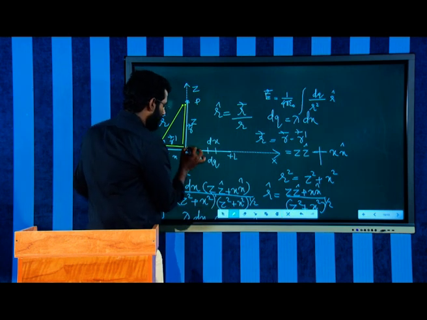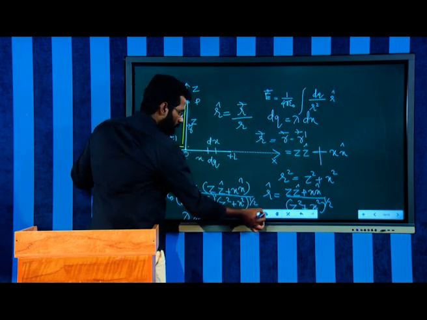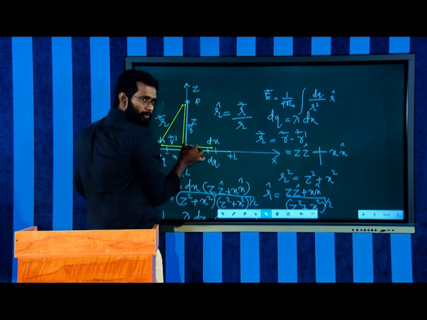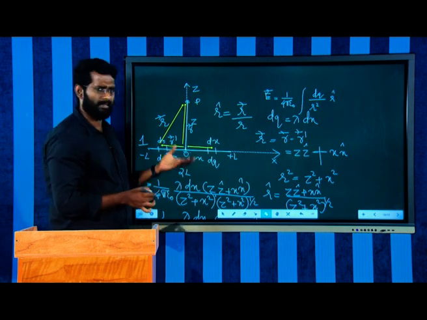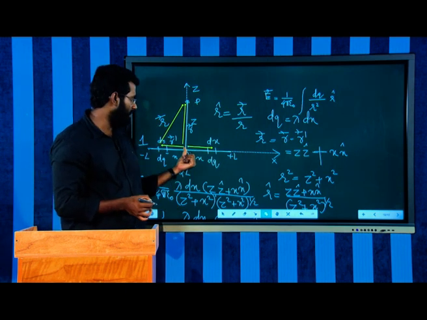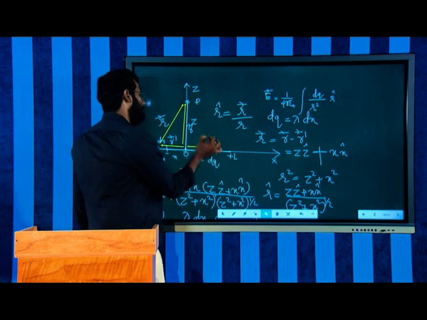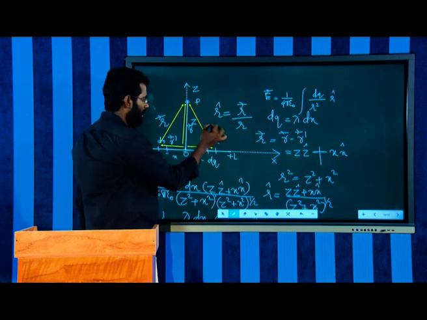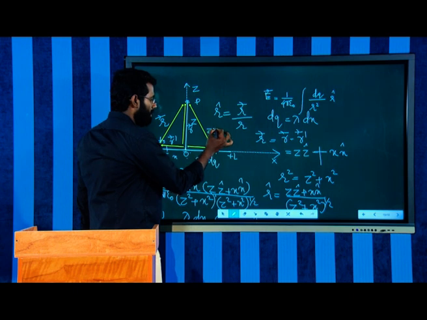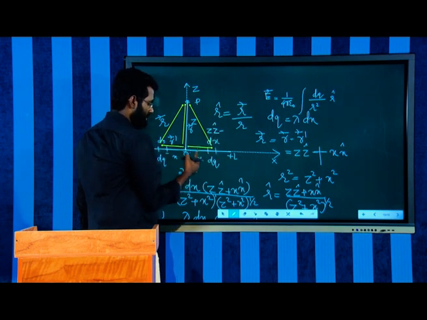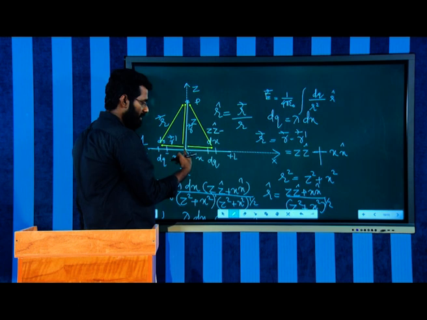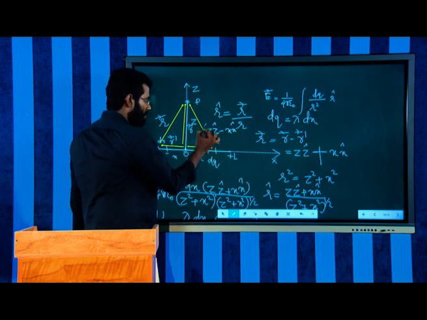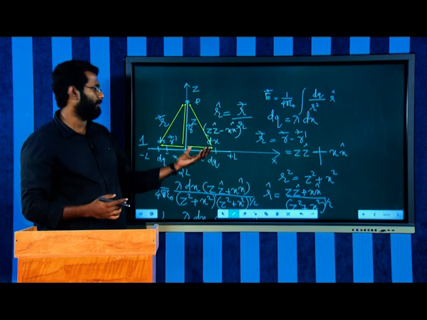So, you can draw a position vector to here, and this is the old position vector, that is the field vector, it is the same, but the source vector is different, it is along the positive direction, and you have the separation vector here. So, what is the separation vector? R minus R dash. R is z cap minus, now the x is positive, this is along the positive direction. So, x cap.